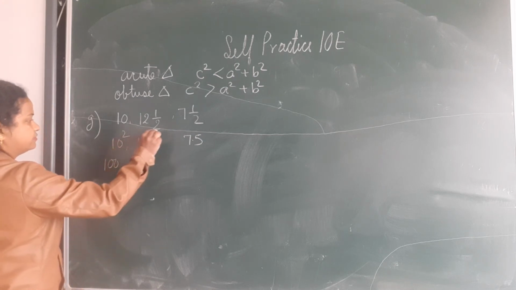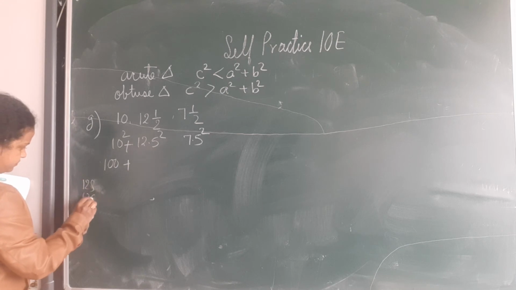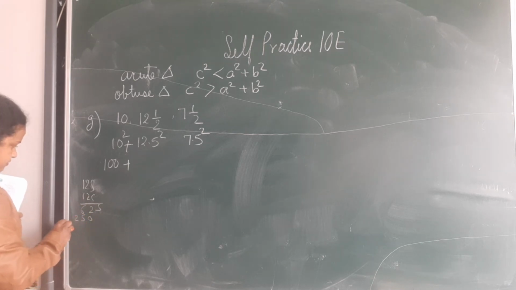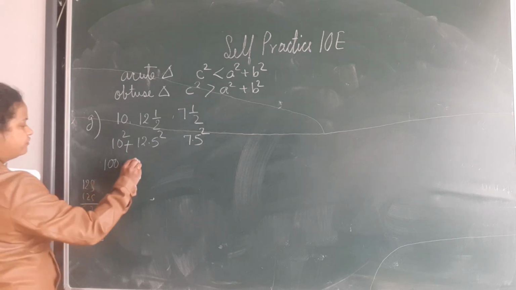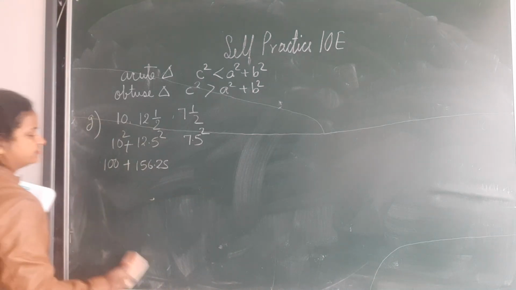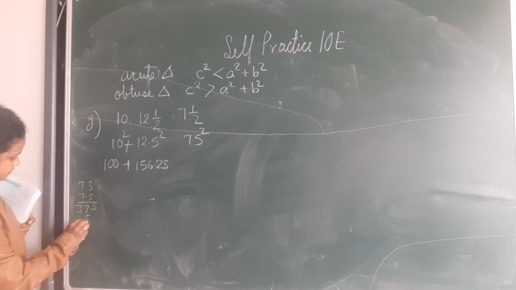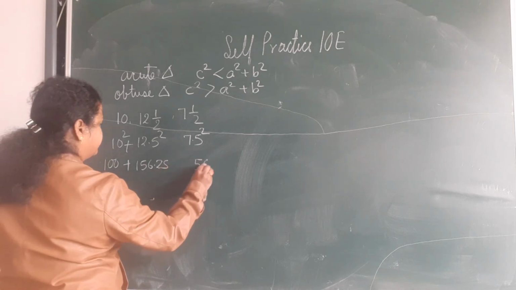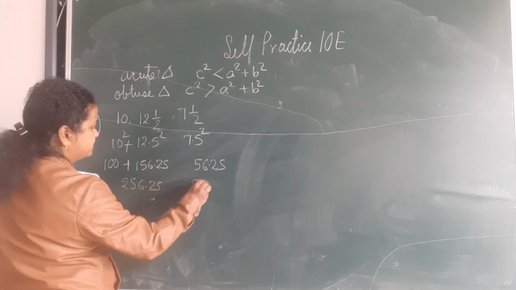So 100 plus 7.5 square, which is 56.25. And 12.5 square is 156.25.